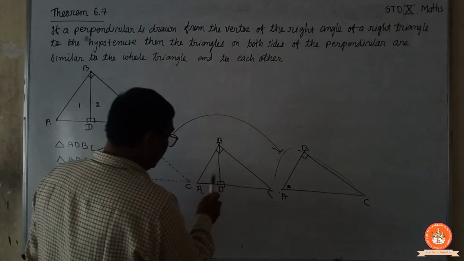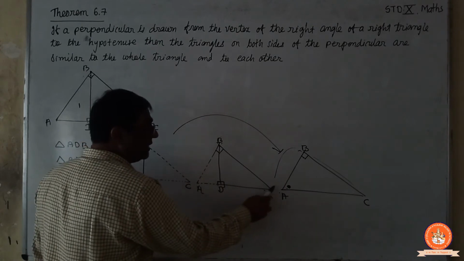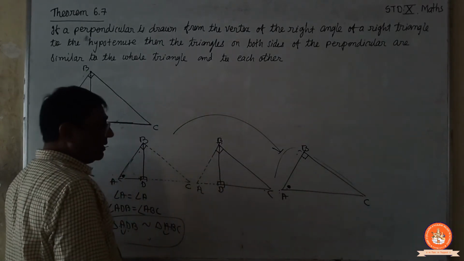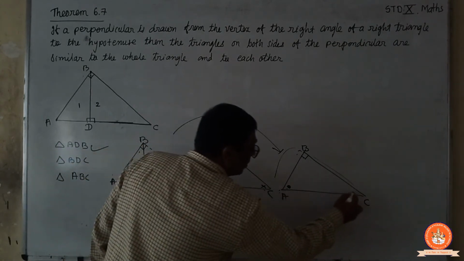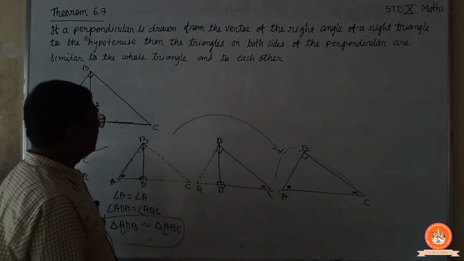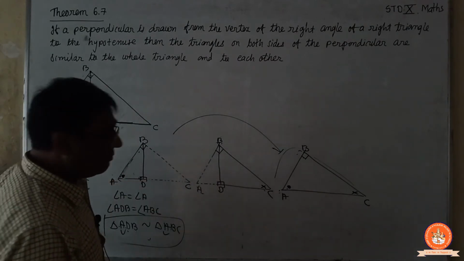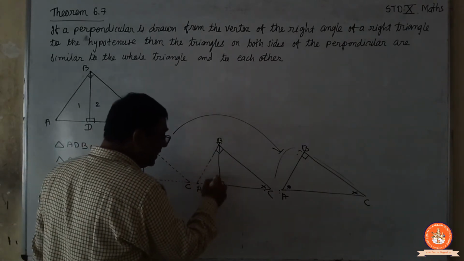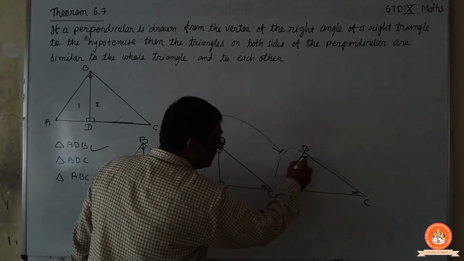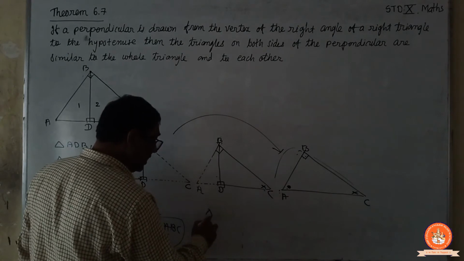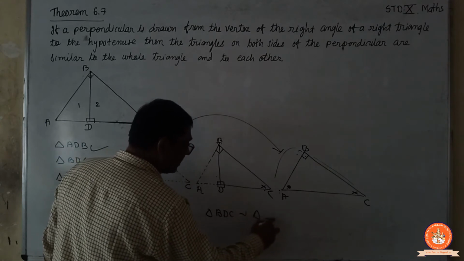Now in these two triangles, BDC and ABC, look at it. Angle C is common in both. In triangle BDC, D is a right angle, whereas in triangle ABC, B is a right angle. So triangle BDC is similar to triangle ABC.